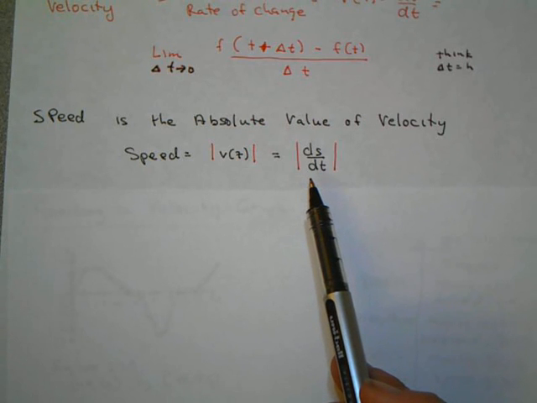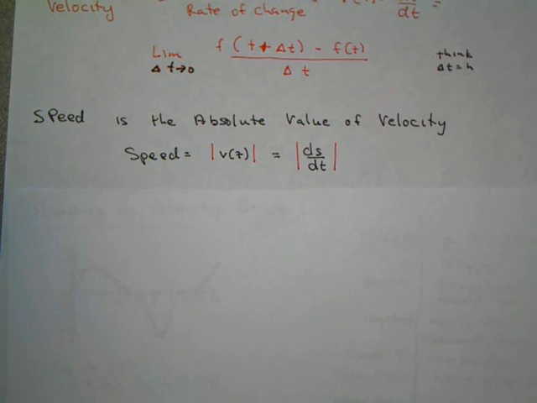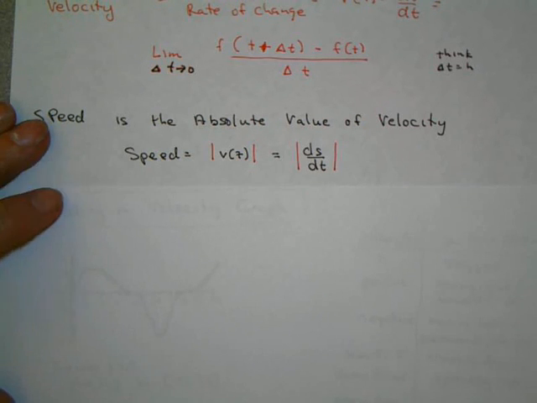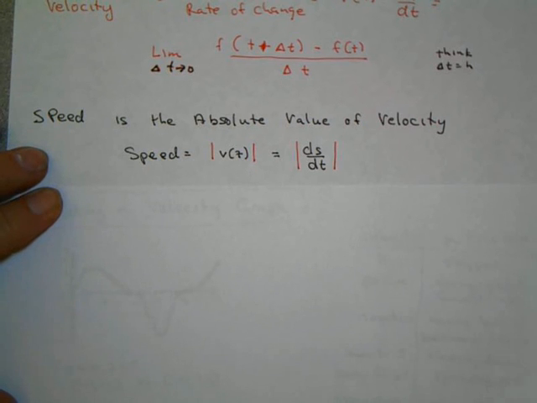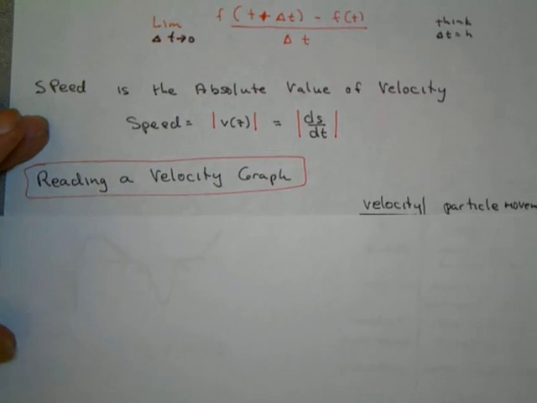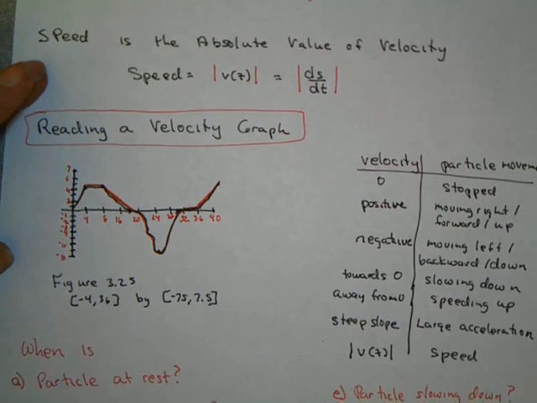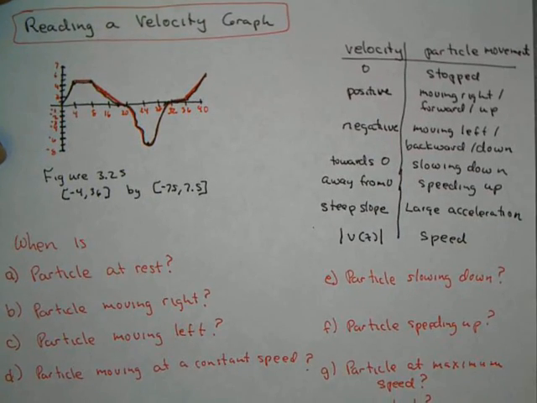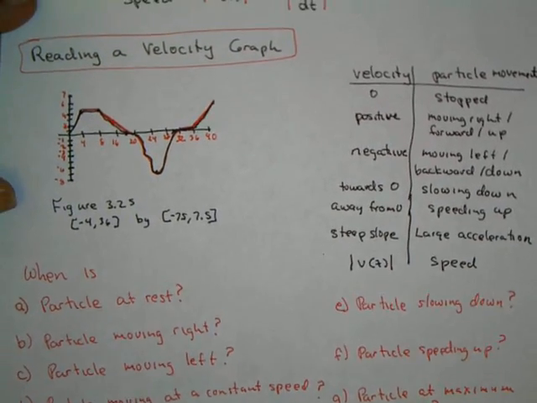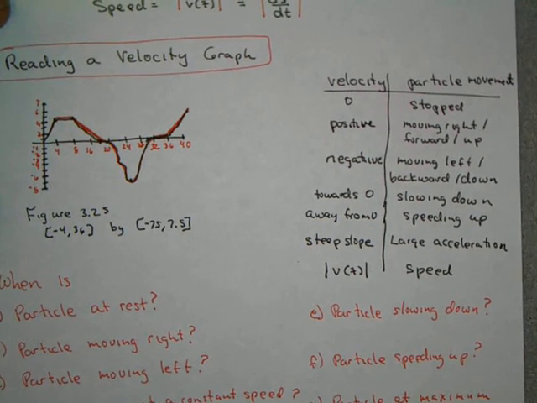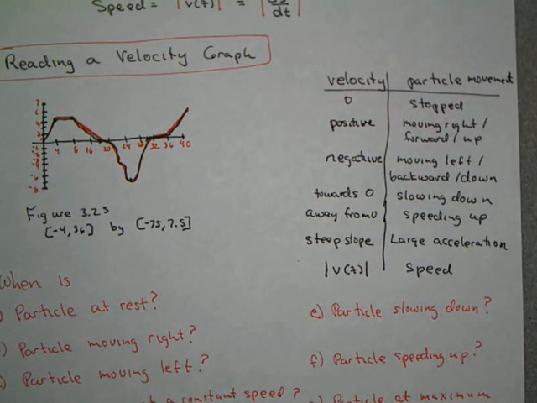Well, you might be asked about speed instead of velocity. And speed is always just the absolute value of velocity. It's that change in position over time, and it's not talking about forward or backward. It's just the change in your position.